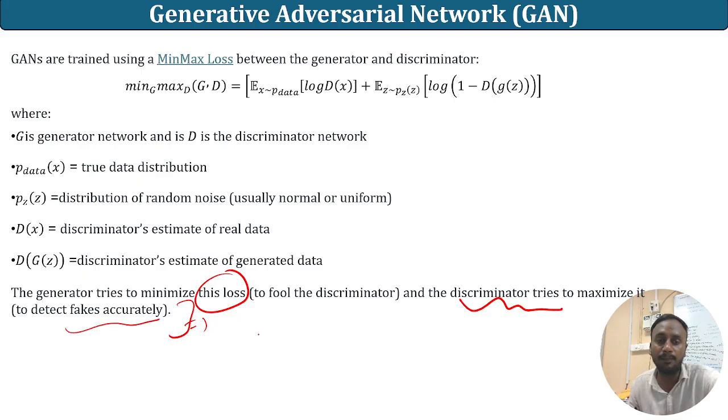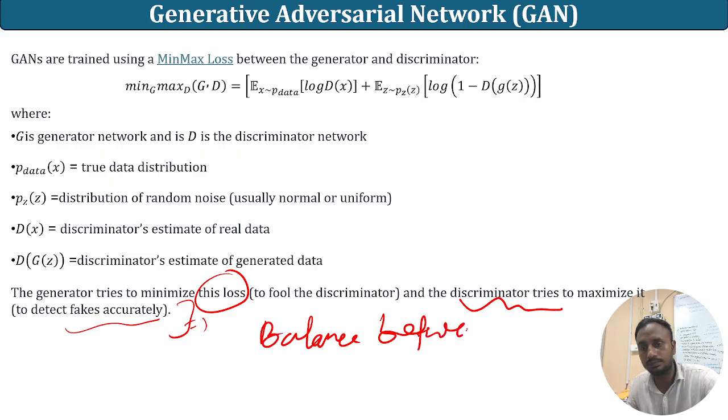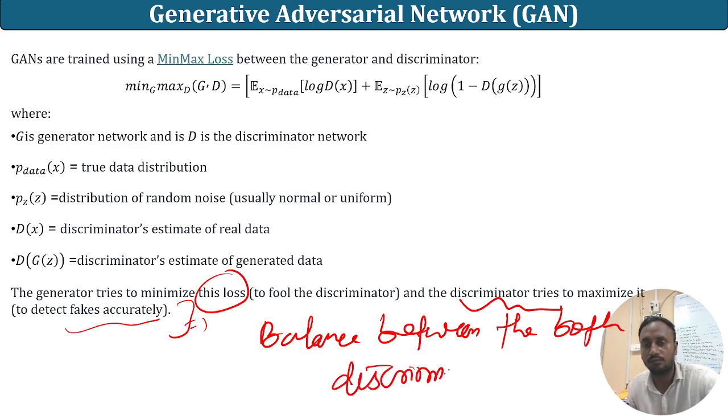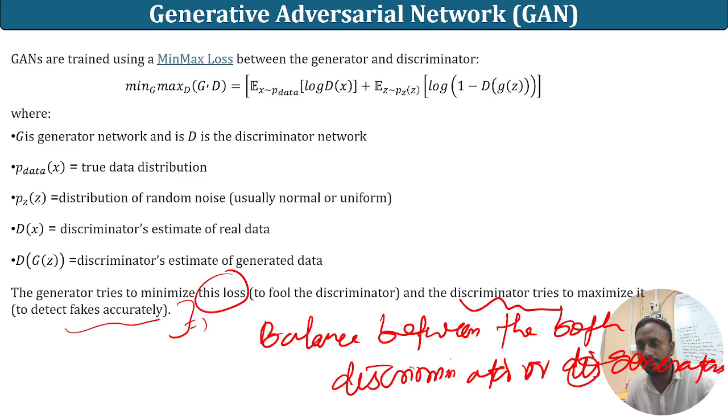So we have to come up with a balance between the generator and the discriminator.